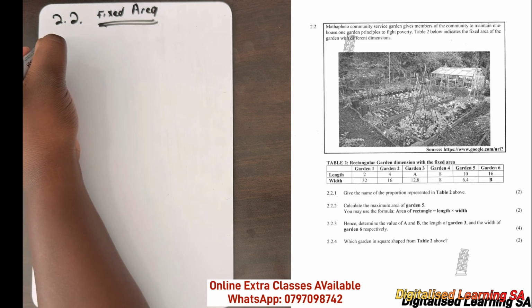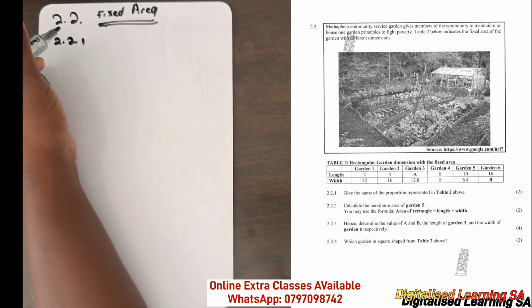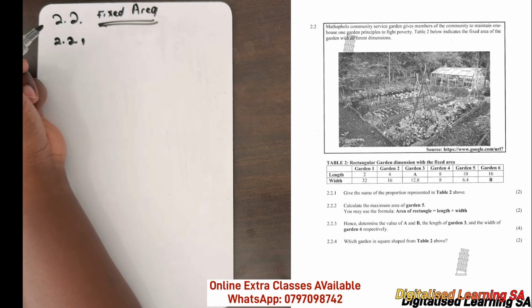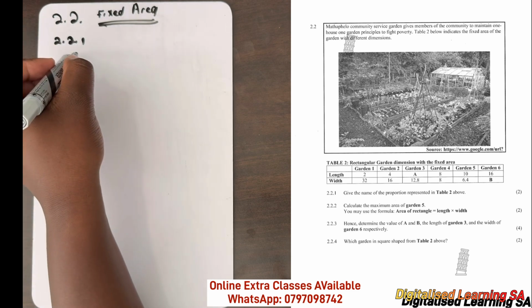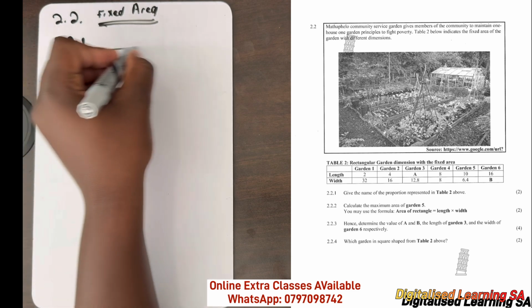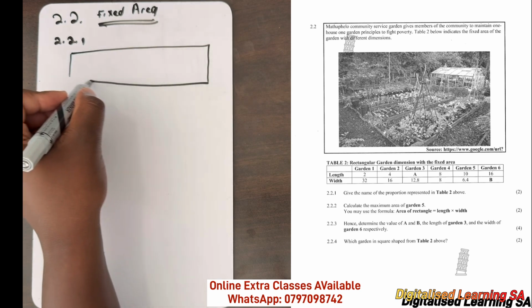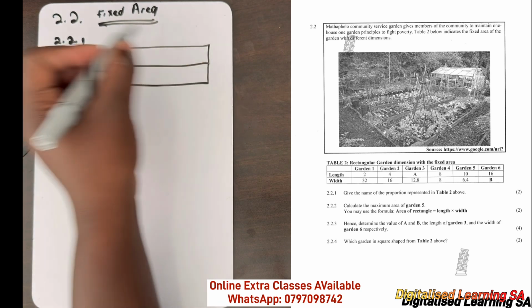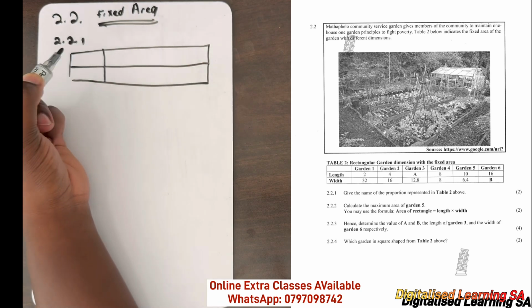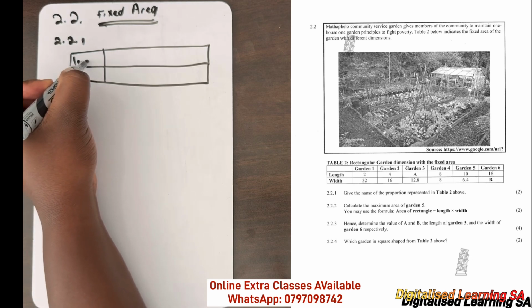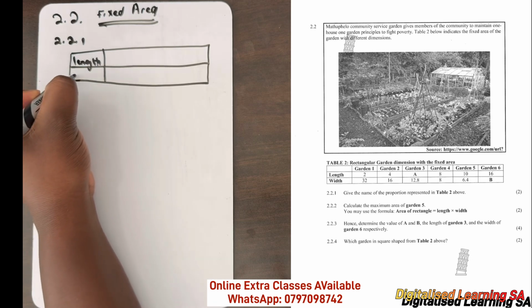So we'll start with question 2.2.1. Question 2.2.1 says: give the name of the proportion represented in table 2. We can see on our table, which is table 2, that we have the length and the width.